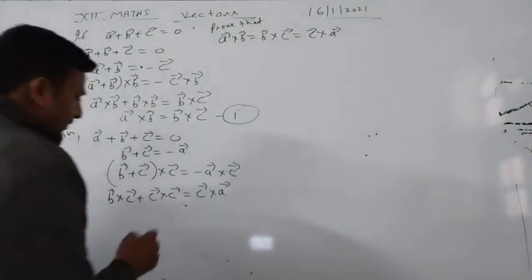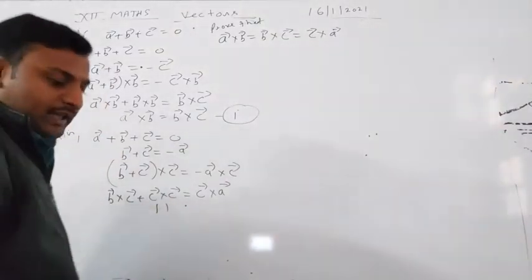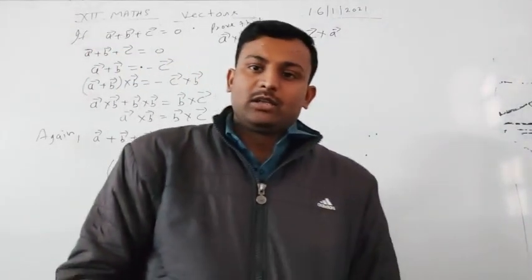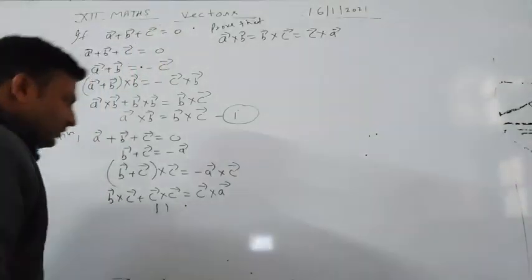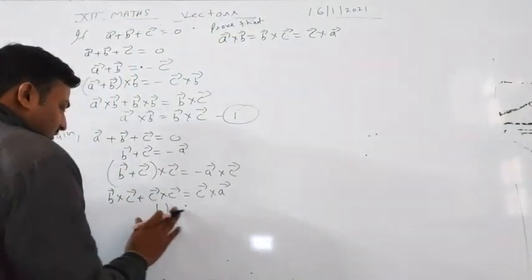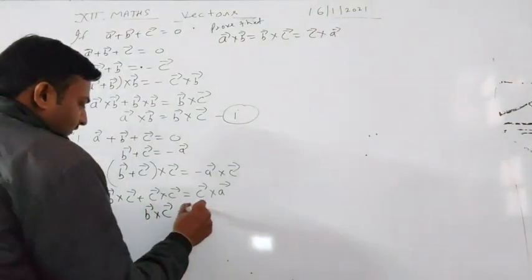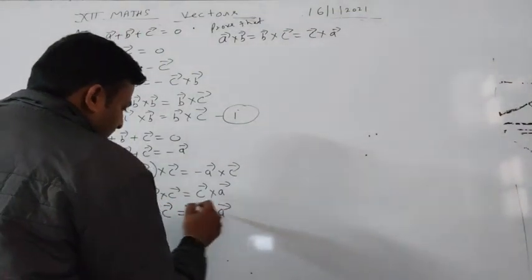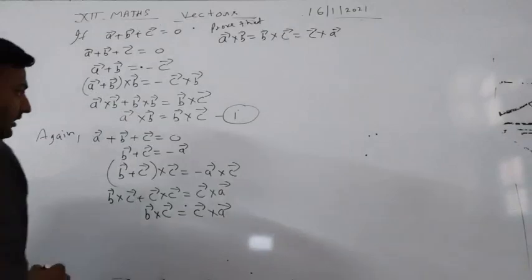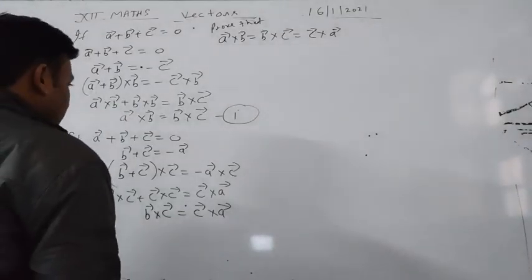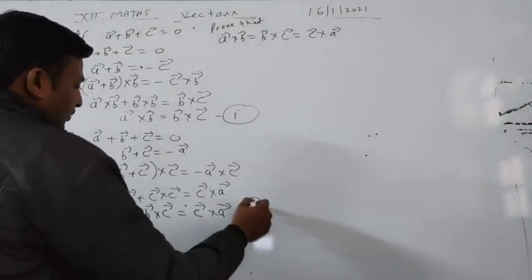Now you know again we are applying i cross i is 0, j cross j is 0 and k cross k is 0. So here this part is 0. So we get B cross C is equal to C cross A. Okay, this is equation number 2.